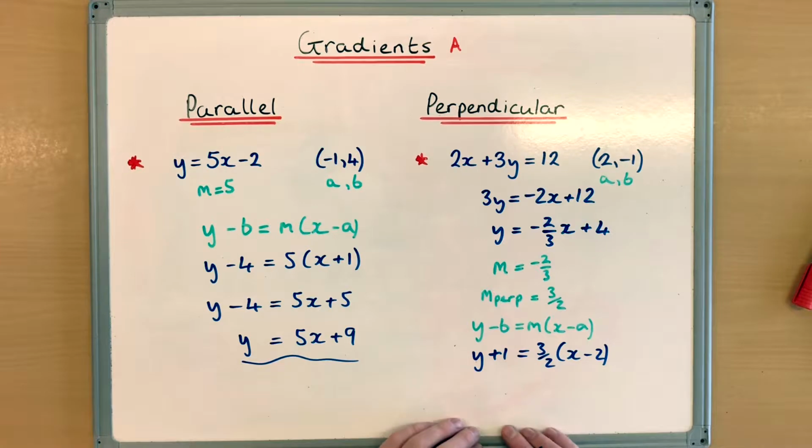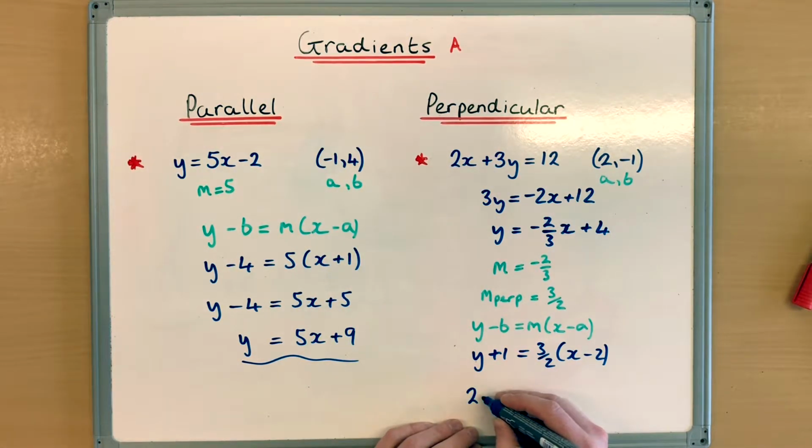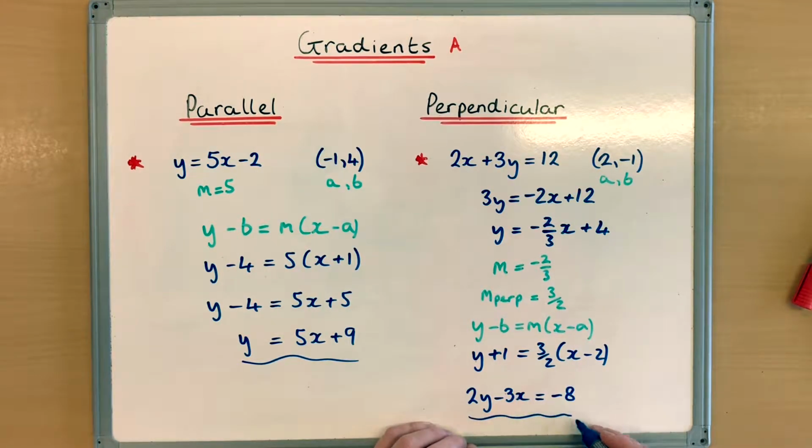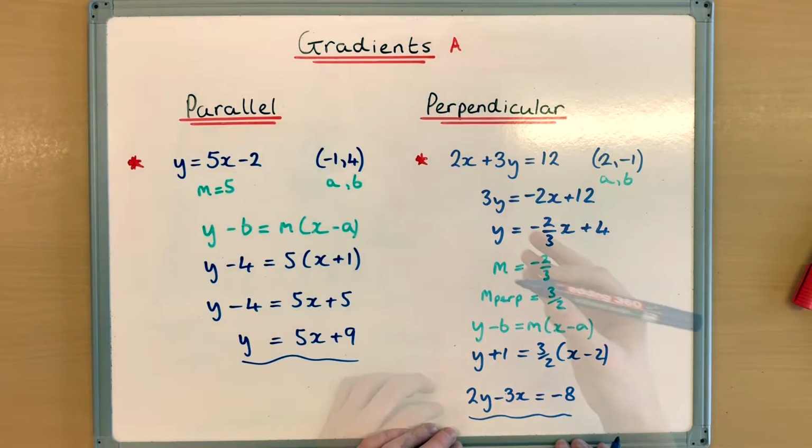I'm just going to write down the answer here. Okay, and it's perfectly okay to have written minus 3x plus 2y, that's also okay. You might even actually have 3x minus 2y equals 8, that's also the same.